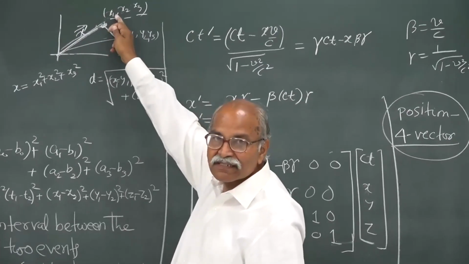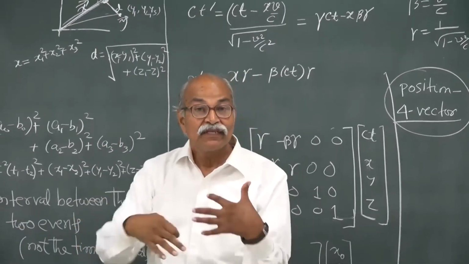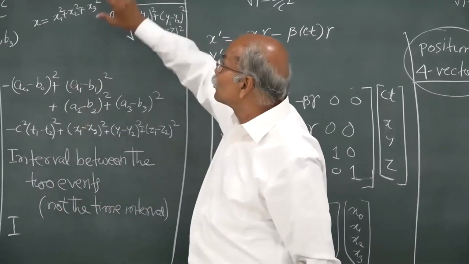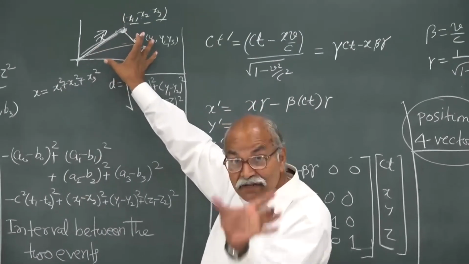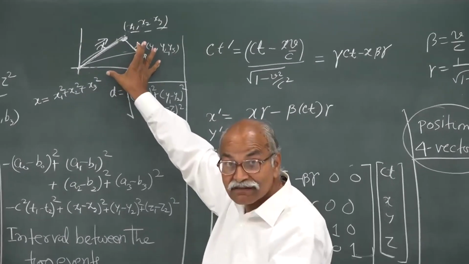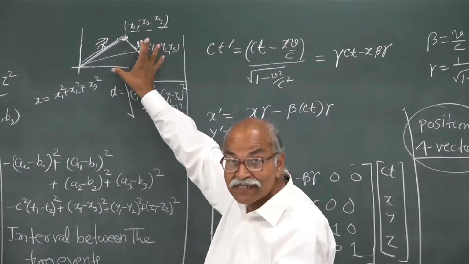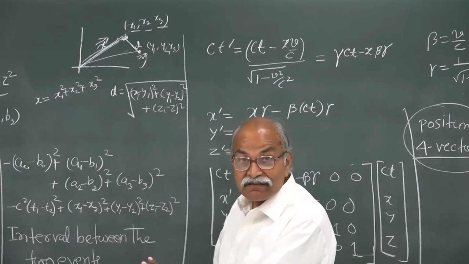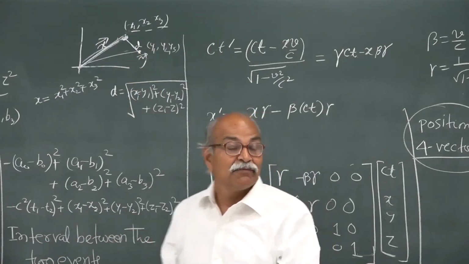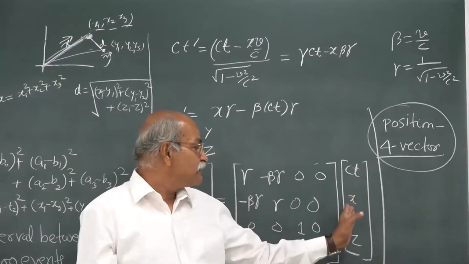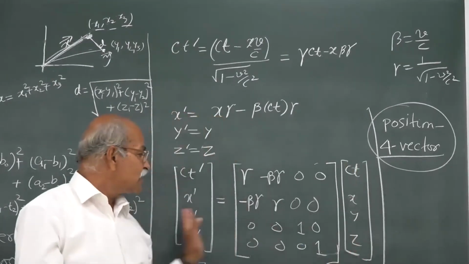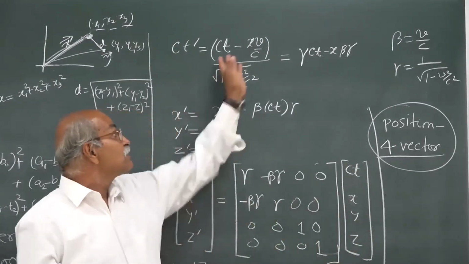All the vectors obey the same transformation equation when you rotate the frame, the same matrix. So anything which obeys that transformation matrix will be a vector. Similarly here, ct, x, y, z obey this Lorentz transformation equation.